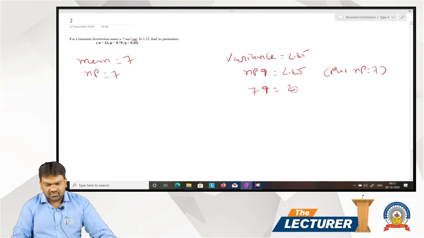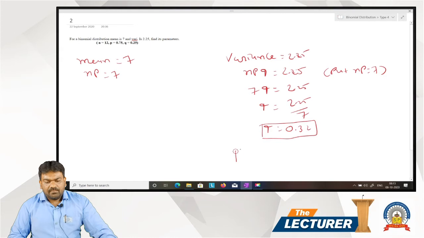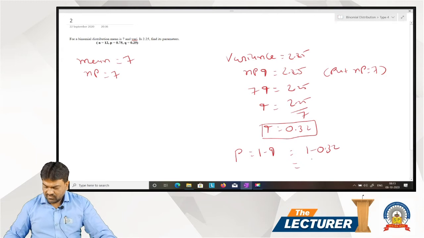7q is equal to 2.25. q is equal to 2.25 divided by 7, that is 0.32. p is equal to 1 minus q, 1 minus 0.32, 0.68. This is p.